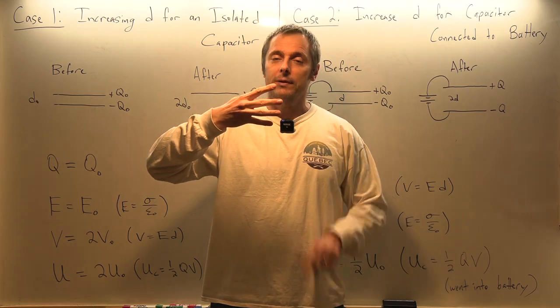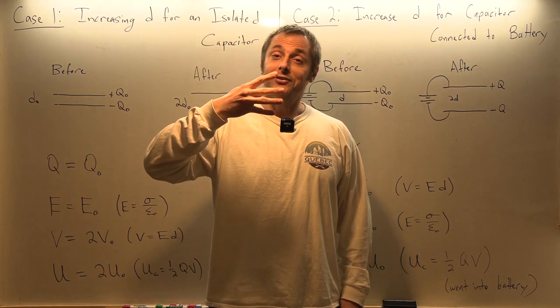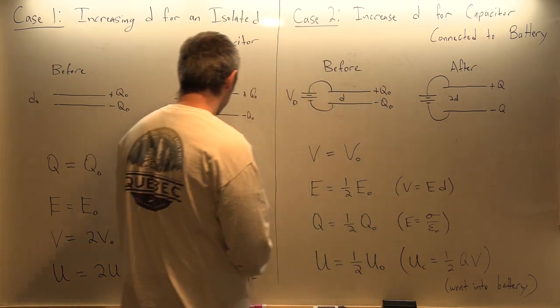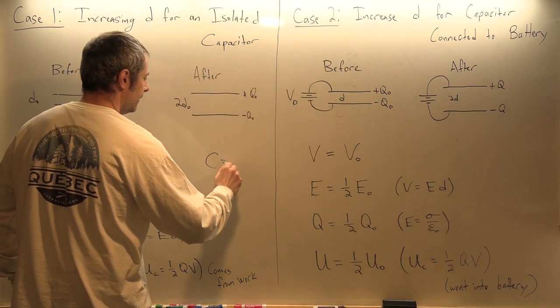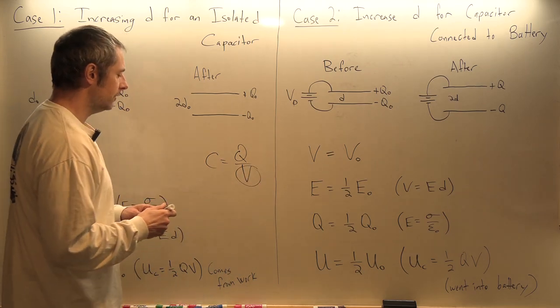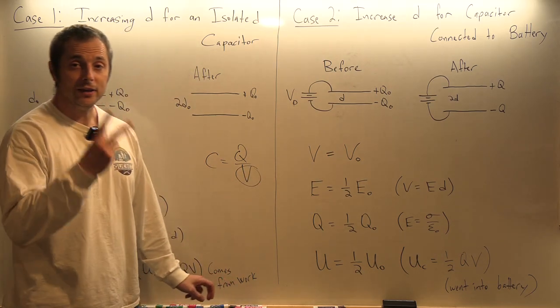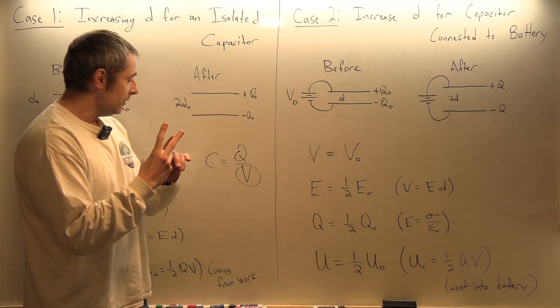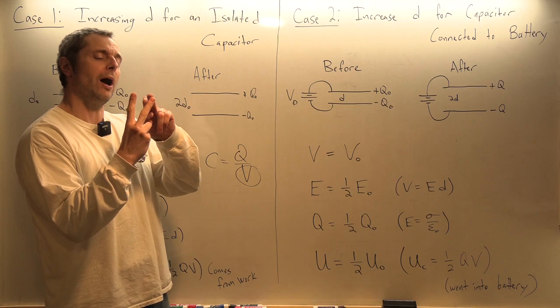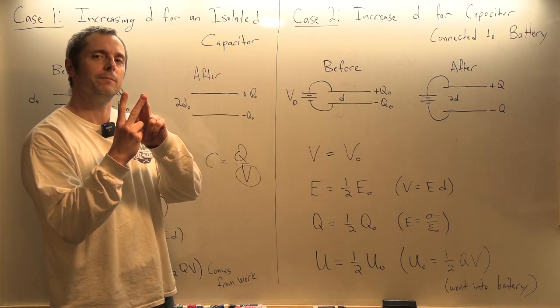Okay, the first step, do you remember? Start with C equals Q over V. And then what we want to do is get rid of this. So that means the second step is you find the electric field, knowing that you're going to have to find the voltage. So you derive E using Gauss's law.